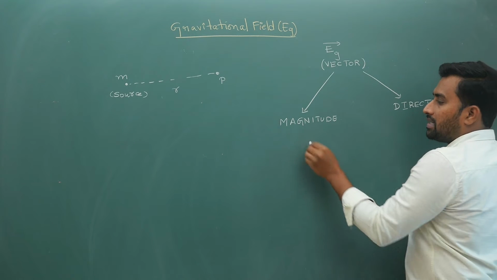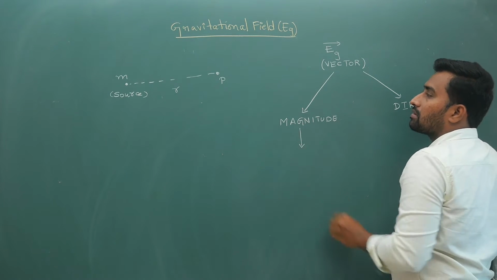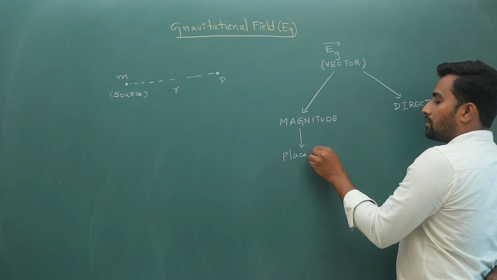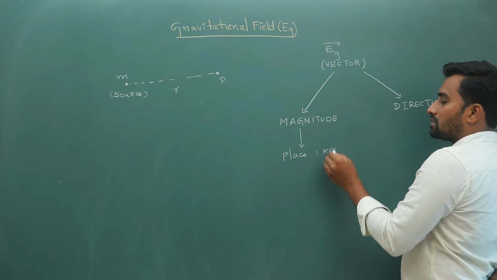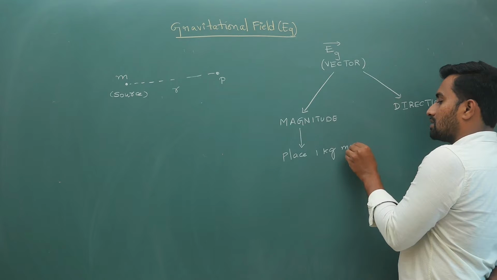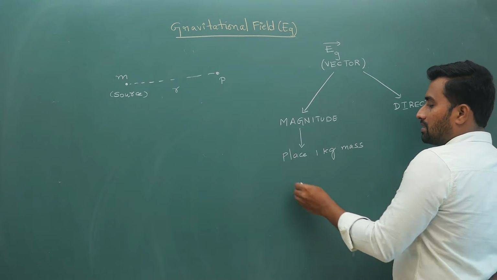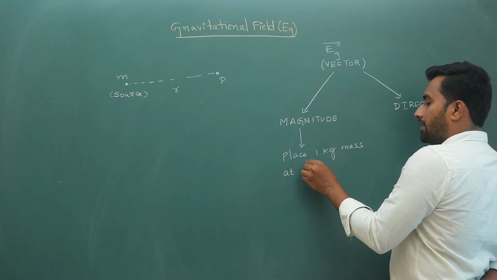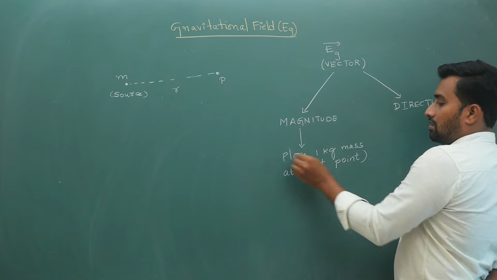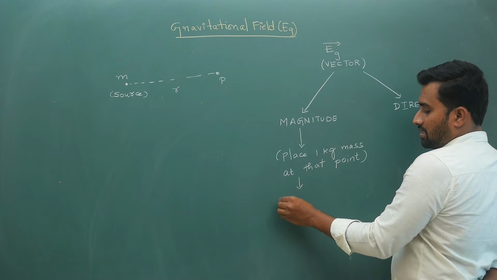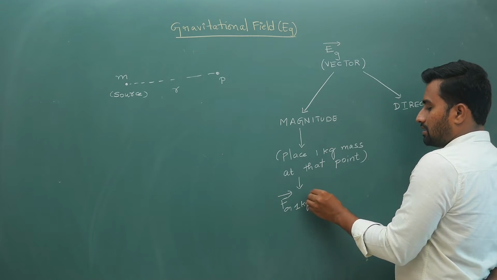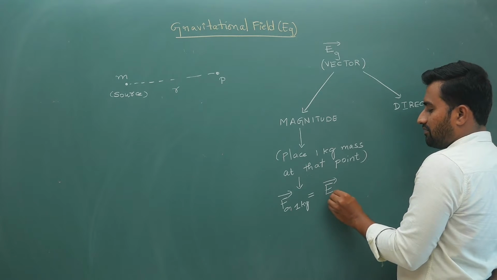Coming to the magnitude part, how will you get the magnitude? You are supposed to place 1 kg mass at that point. The force on 1 kg is your gravitational field.